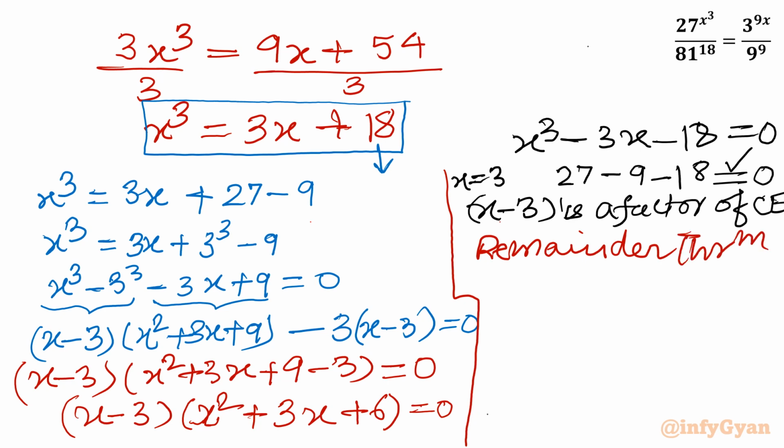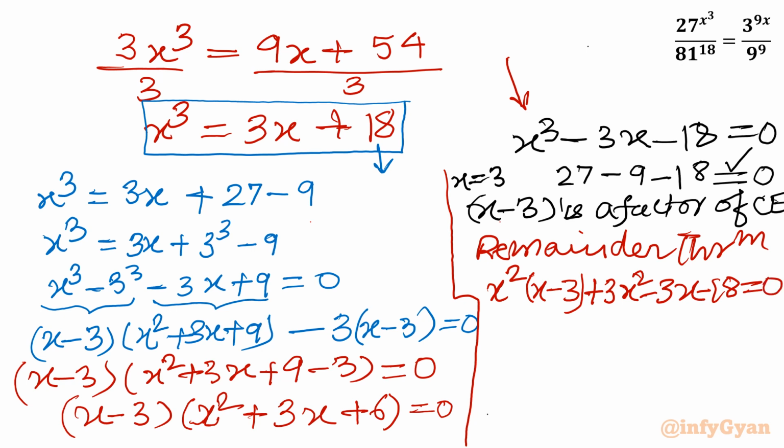I will write the very first part x cube as x square. Okay, now that extra x I will replace with our factor. Done. Now what is extra? X square times x, it is x cube already there. X square times minus 3, so minus 3x square. So counter I need to add, plus 3x square. Remaining terms as it is, minus 3x minus 18 equal to 0.